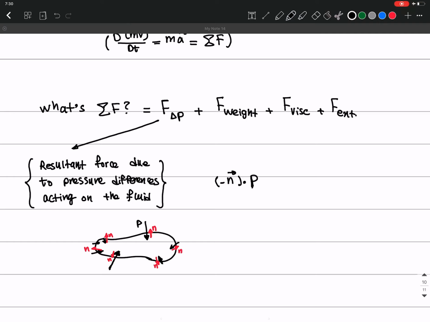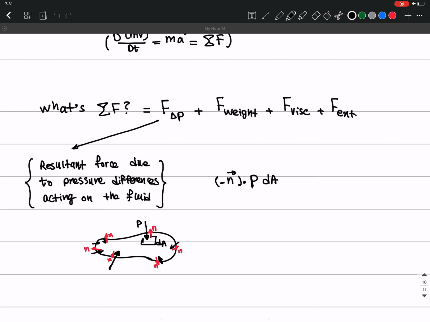So for just one element like this one, the net pressure is this, and in order to get the net force, for example for this dA, you need to multiply it by dA.